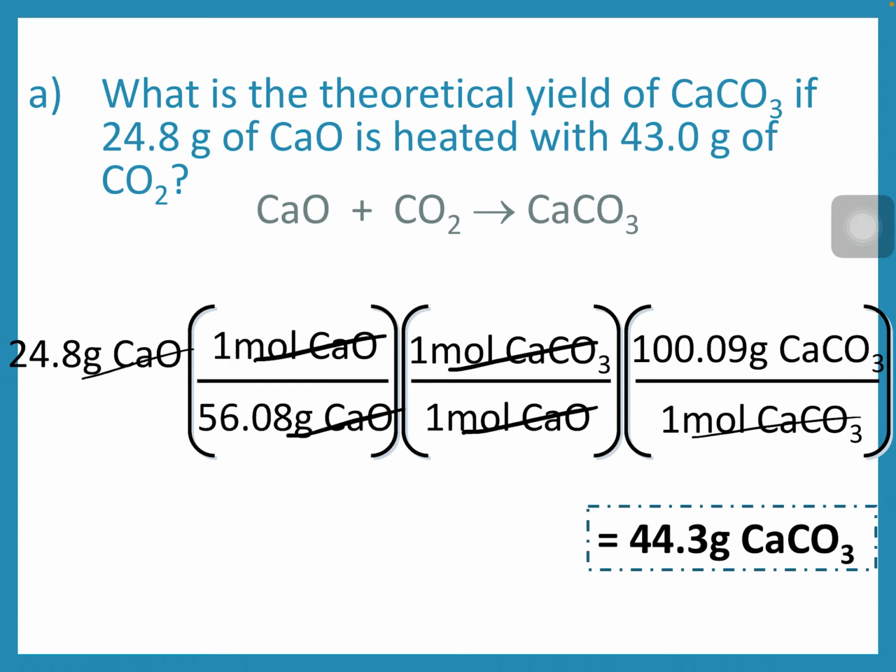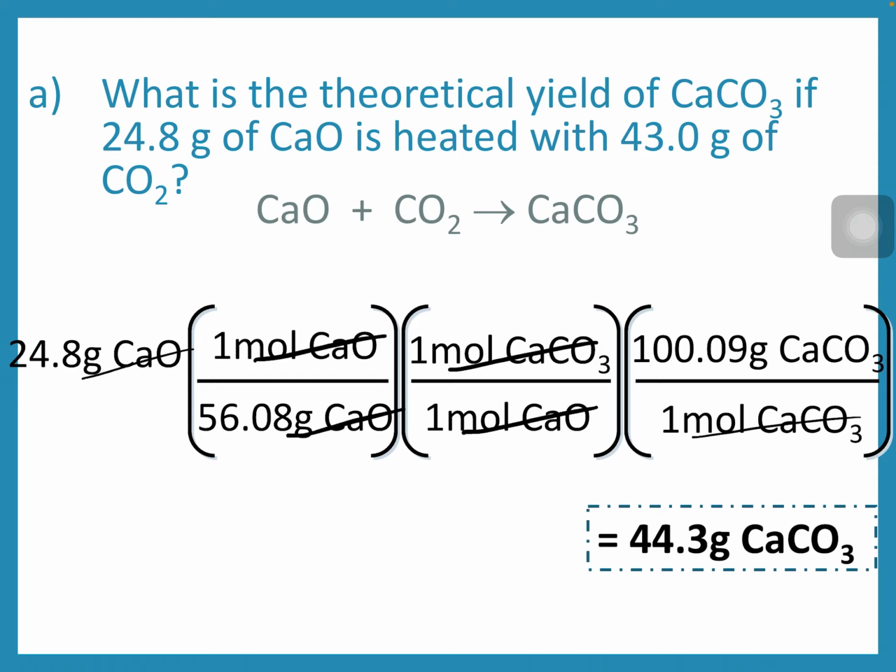So 44.3 grams is the theoretical yield of calcium carbonate. So that's how much I would expect to be produced if 24.8 grams of calcium oxide fully reacted with the carbon dioxide. So I have 43 grams available. I only need to use 19.5 grams to react with the 24.8 grams of calcium oxide.